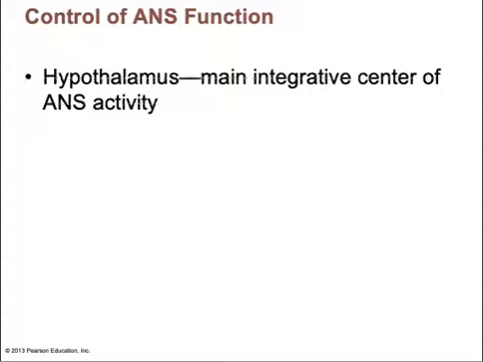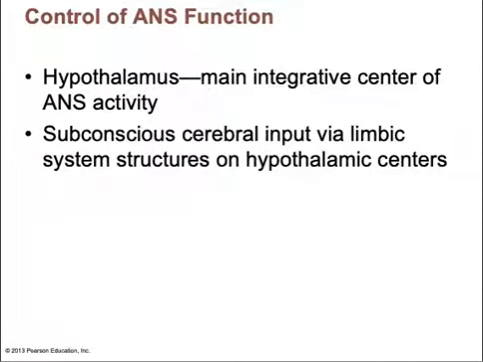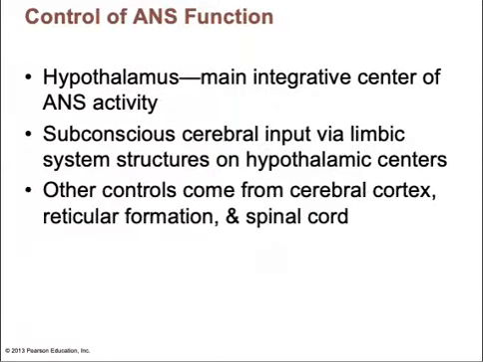Okay? The hypothalamus is the overlord of the autonomic and the endocrine systems. Okay? And what happens here is that stimuli that come from the subconscious cerebrum, as well as stimuli that are in ascending pathways that are filtered out by the thalamus that come from primarily visceral inputs, are going to be routed to the hypothalamus.